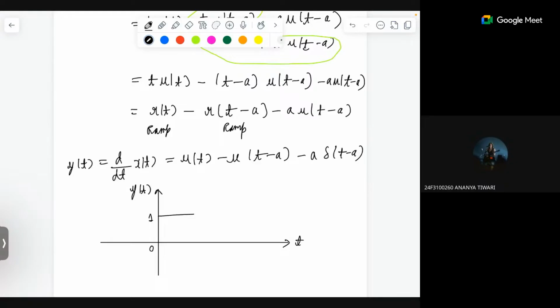Then we have this term which starts from a and is minus 1. So beyond a, all of this will be 0 because they get cancelled, right? Ma'am, there would be one negative spike of amplitude a, right? Yes, we will have this because of this term. And this was because of the first two terms. So clear now?